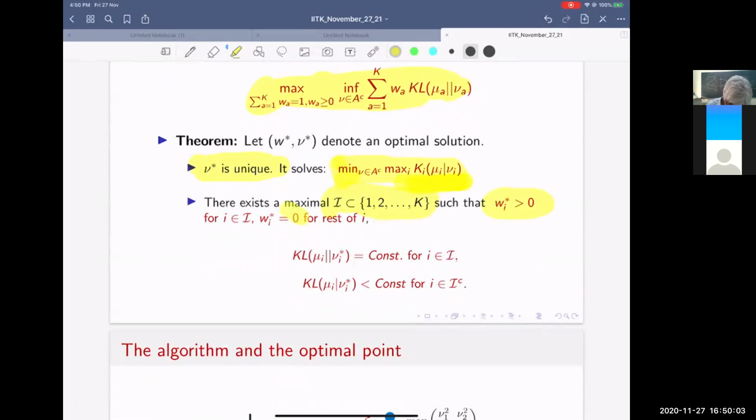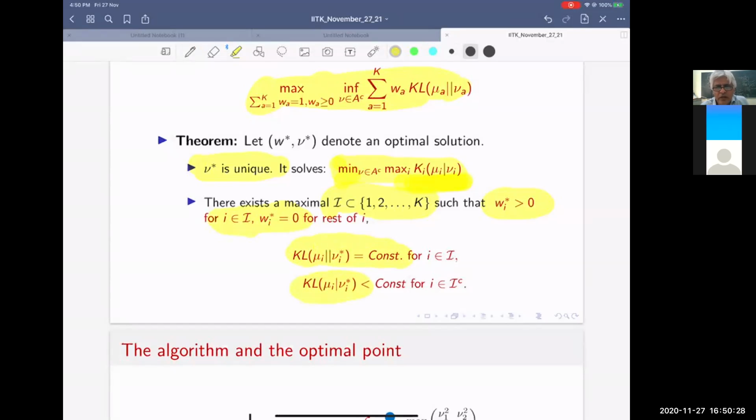The remaining guys you sample 0. In the optimal setting, you only sample a subset of arms, and those subset of arms at nu I star have the property that the separation across arms is constant, while the arms which you've ignored actually have separation which is less than the constant.